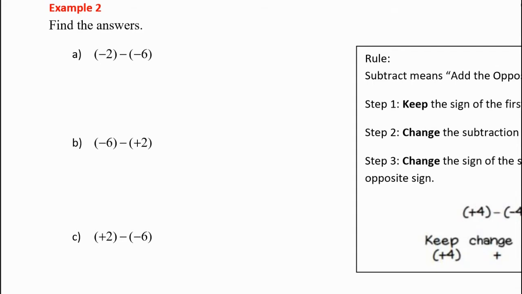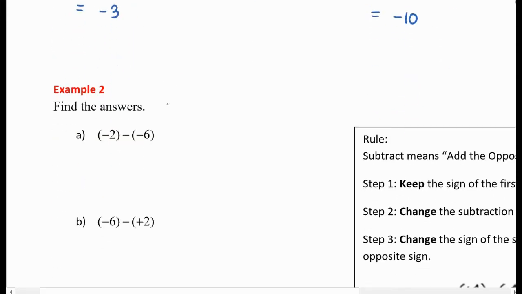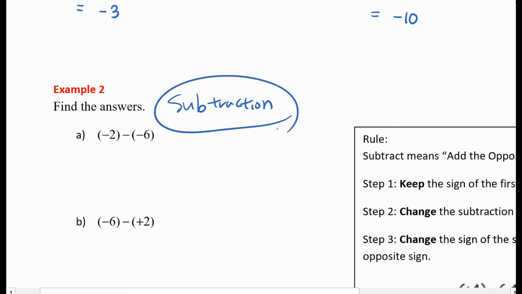The next question is subtraction. Example 1 was addition, so we understood how to add integers. And subtraction is a little bit trickier. So we're going to change the subtraction to addition to make it easier.